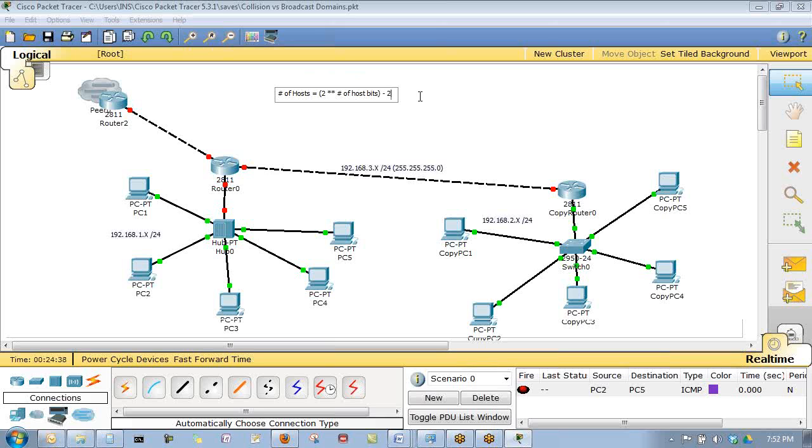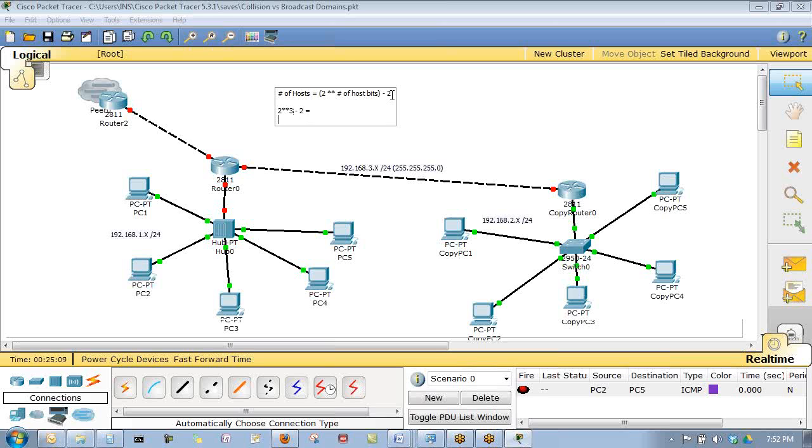So let's say that I take 3 host bits. 2 raised to the power of 3, minus 2, what does that give me?